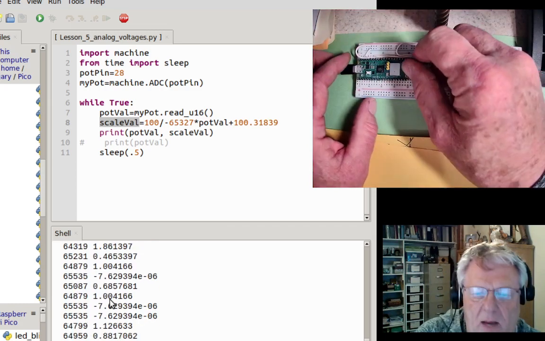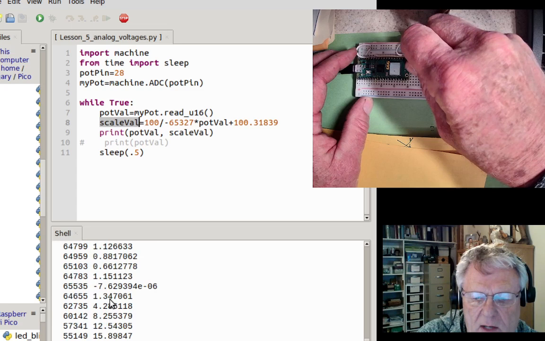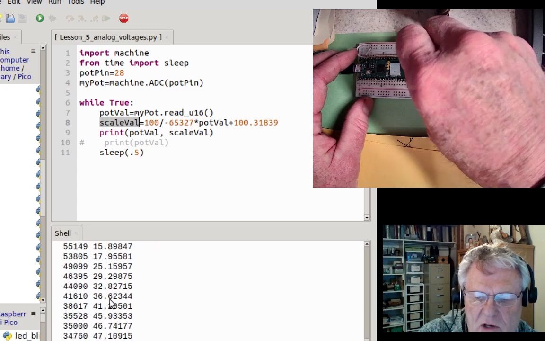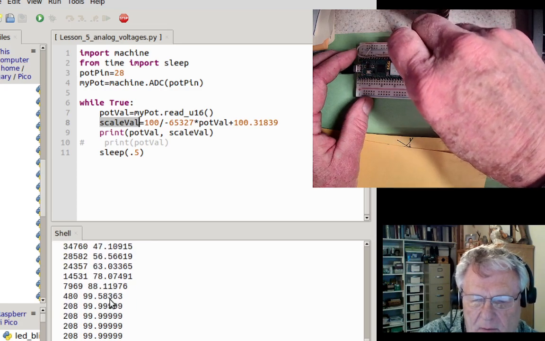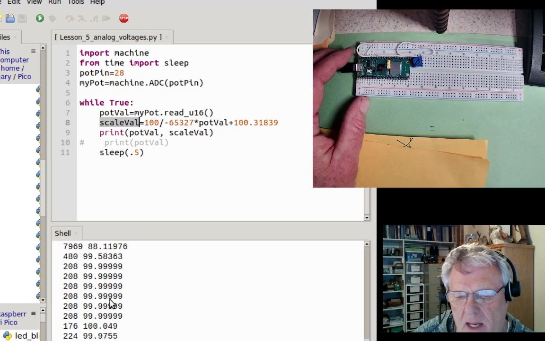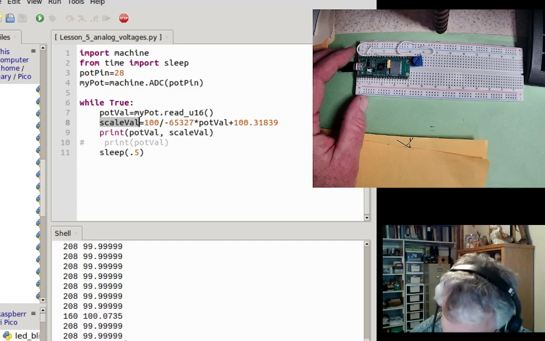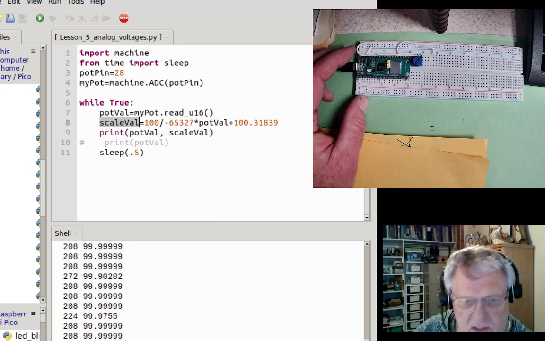So when I take my potentiometer and turn it all the way to the left so that my x value becomes as low as possible, which is actually the 208 number, it comes out as 99 and a little bit more, which is about 100. And so there is my homework for lesson number 5.